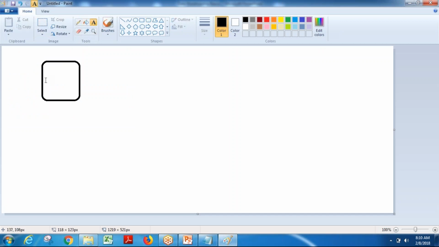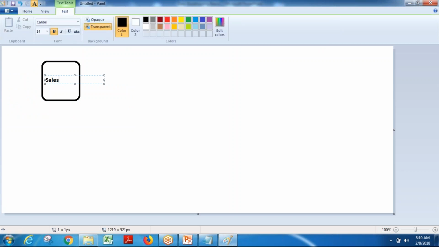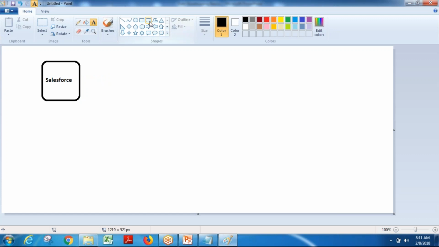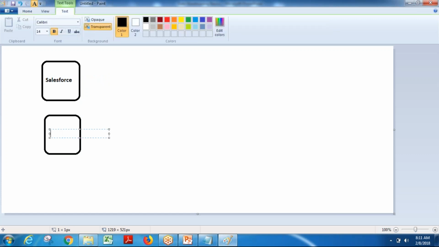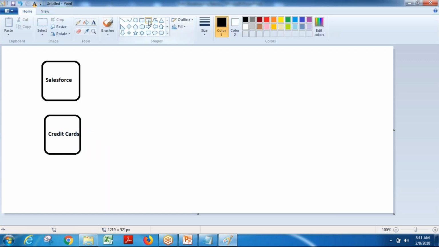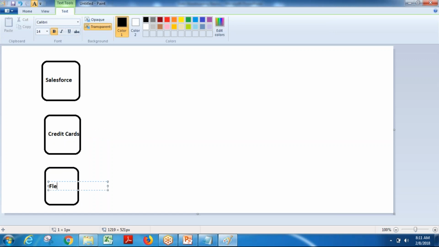You have Salesforce, which is an application used for marketing and sales purposes, and you have other applications like FlexiCube, or let's say a credit card management application for the credit cards we have. And similarly, there is maybe another application, and let's say FlexiCube is a core banking application.